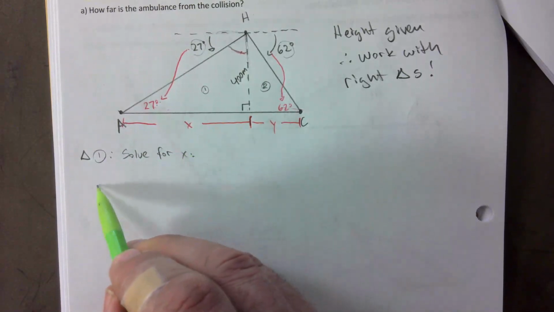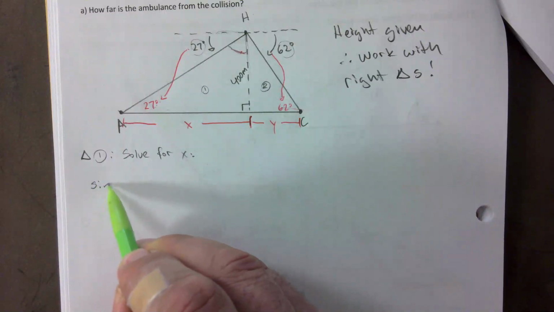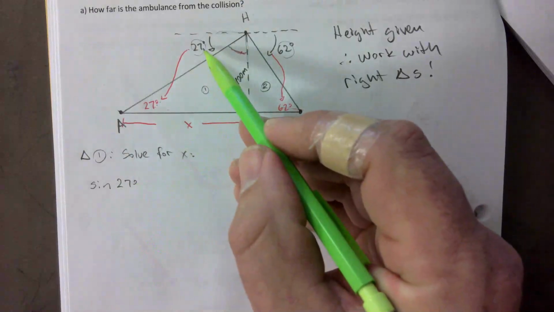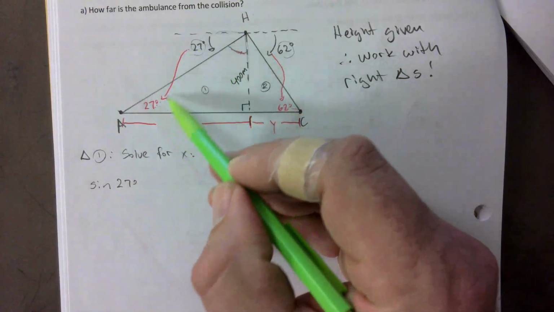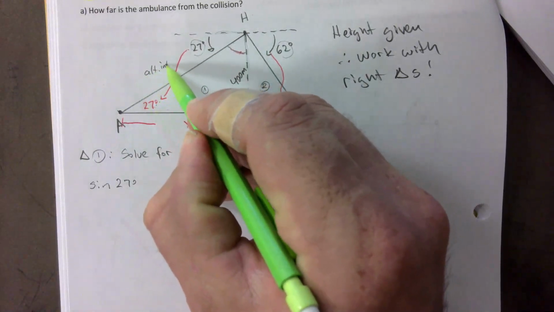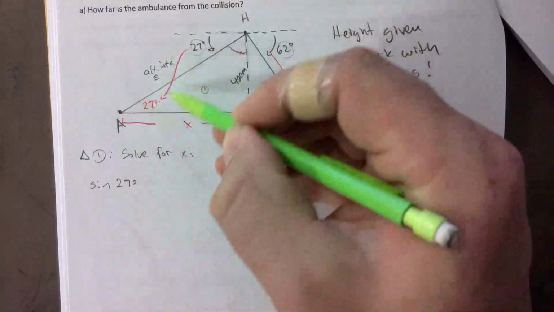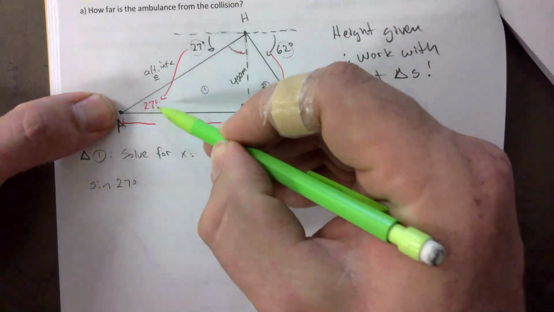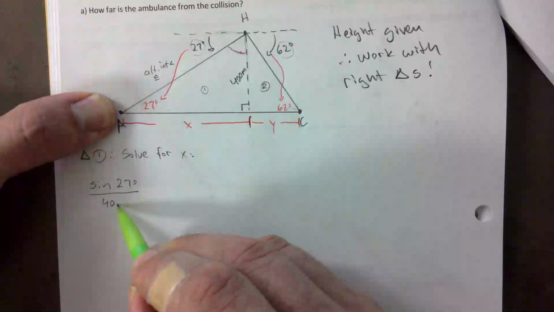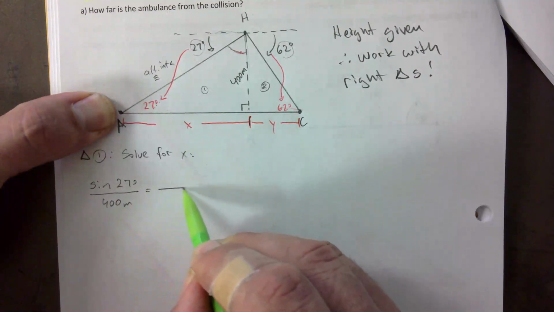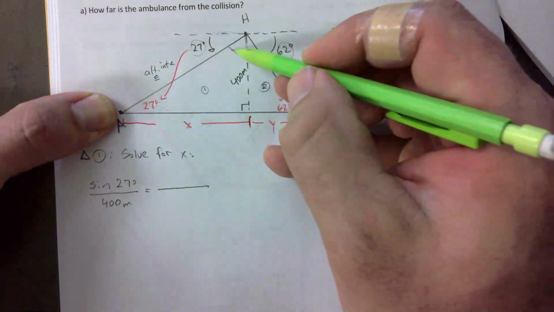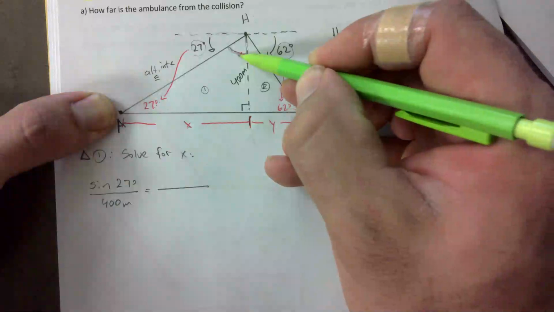And here we go. So we go sine of 27, and remember the 27 came down here, and I used the alternate interior angles are congruent property. That's how I came up with the 27, which is quite convenient for me. And I just put the 400 meters there, and in order to find this x, I need to have just this angle here, okay?